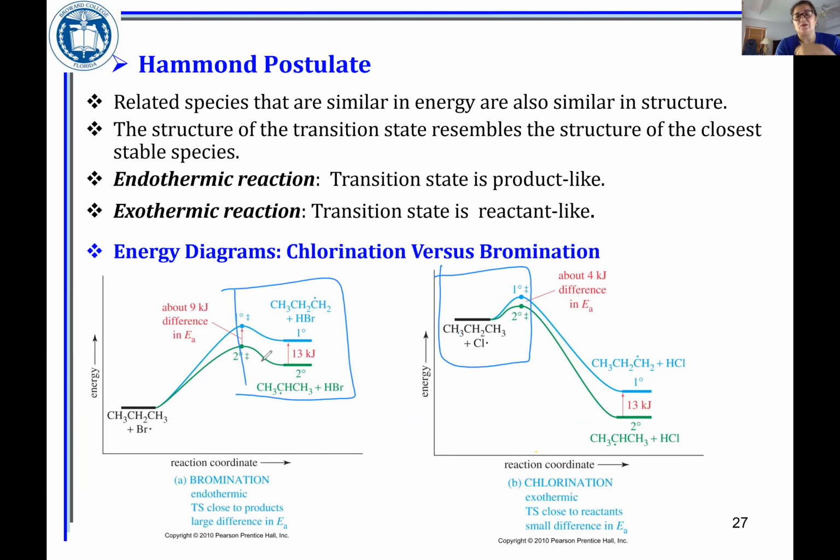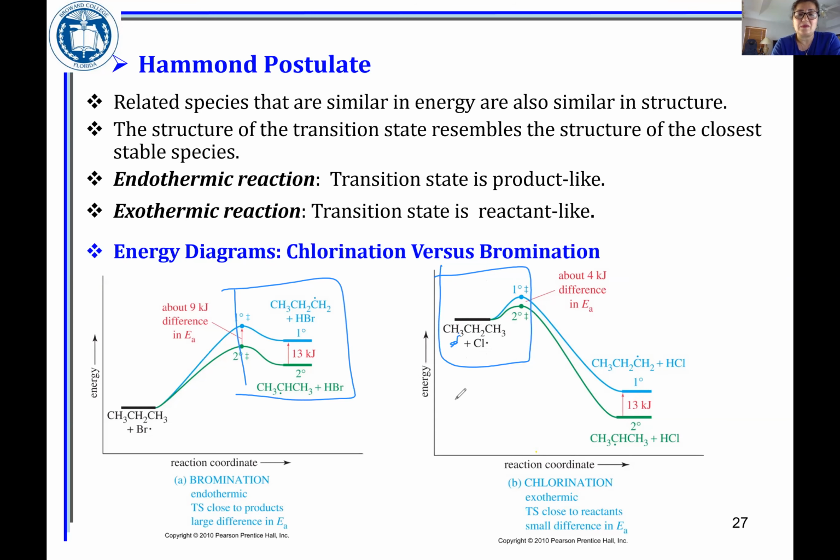In terms of energy, the product is almost formed in the transition state for bromination. But for chlorination, the product is all the way down here compared to the reactant, even though it's an intermediate. So the transition state is very close to the reactant.